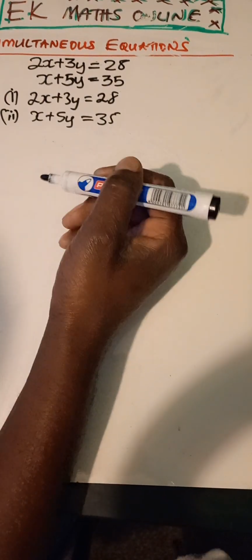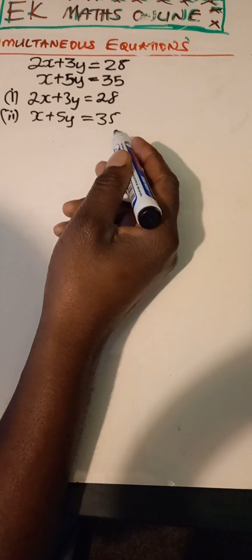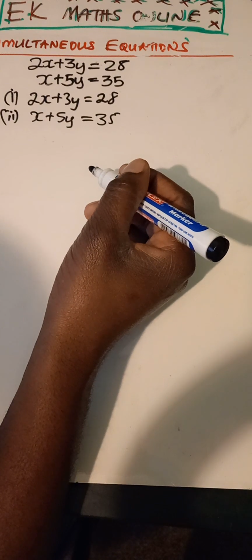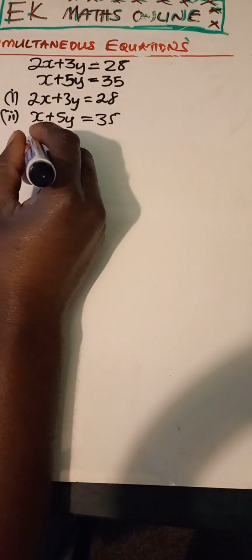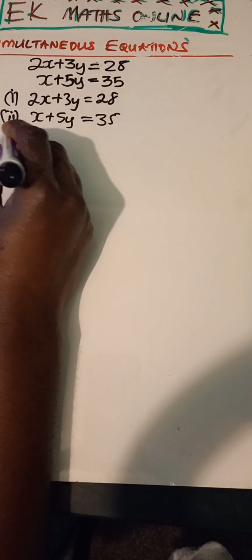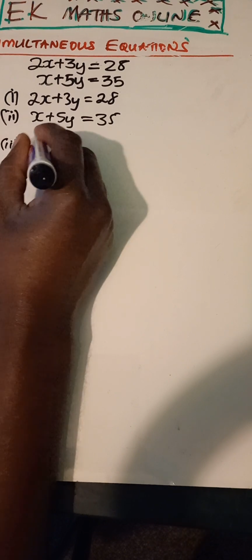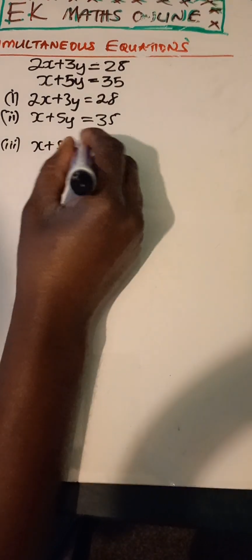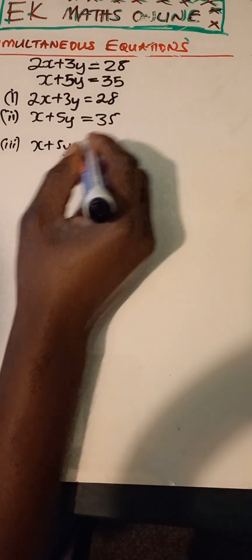In this case, we're going to find our value of x in equation, for instance, number 2. So we're going to rewrite that equation, which means x plus 5y is equal to 35.